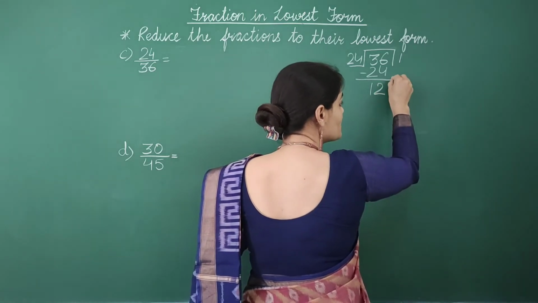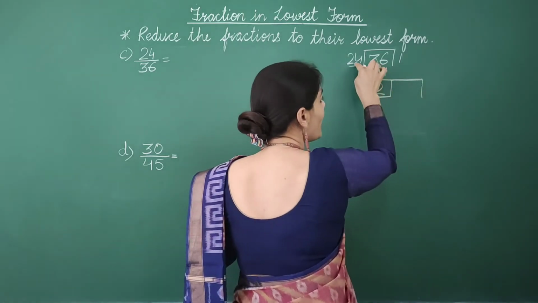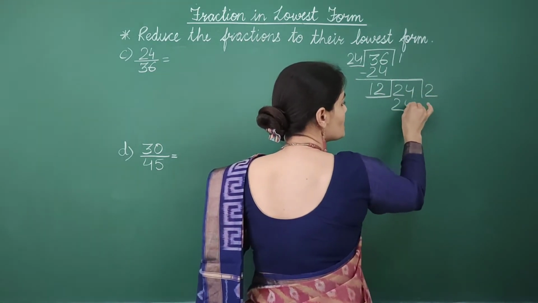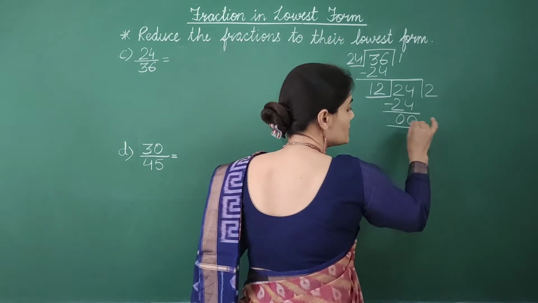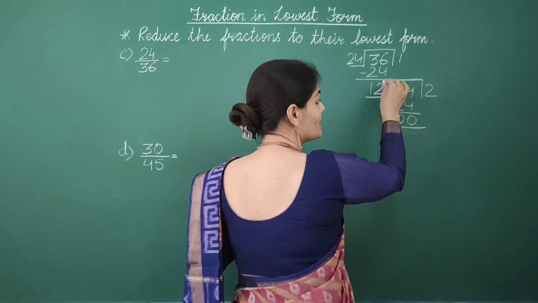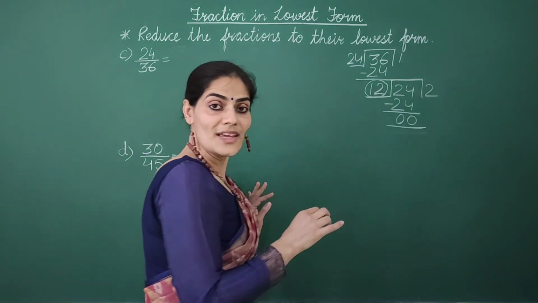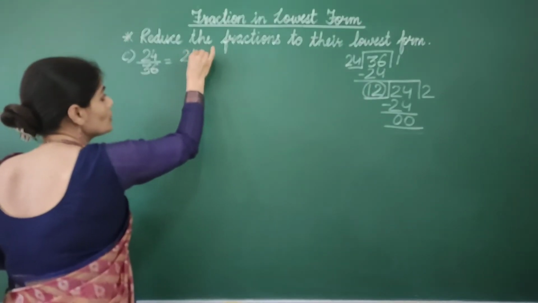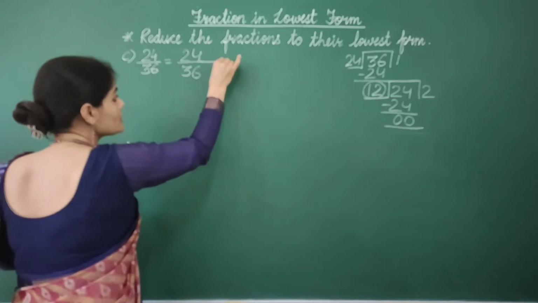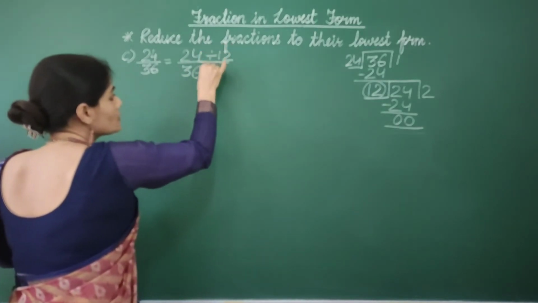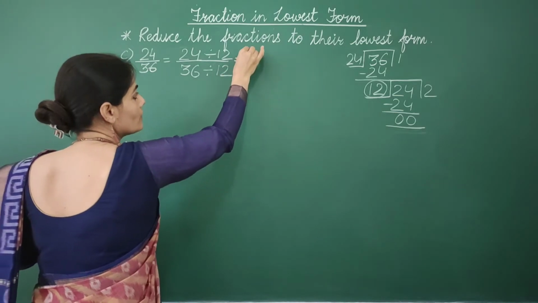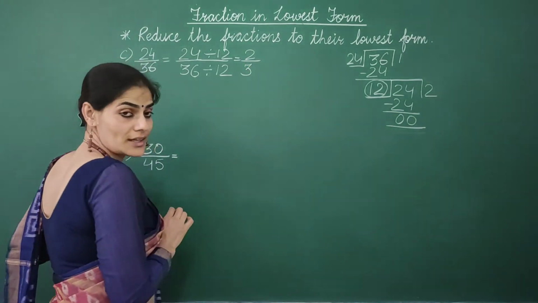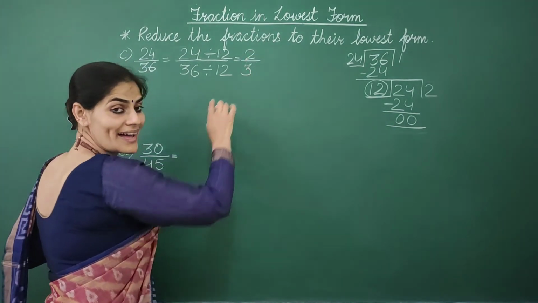So this remainder 12 becomes the divisor now, and 24 becomes the dividend. 12 times 2 gives us 24 and the remainder is 0. Which divisor gave us the remainder 0? It is 12. So 12 is the HCF of 24 and 36. What are we going to do? We'll divide 24 and 36 by 12. So 24 divided by 12 gives us 2 and 36 divided by 12 gives us 3. So the answer is 2 by 3.